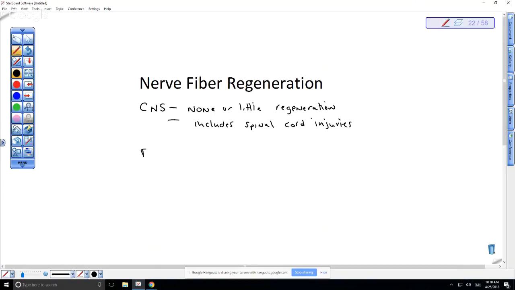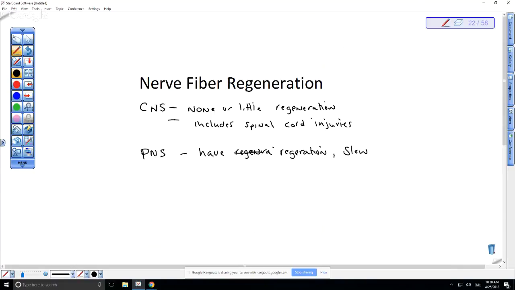So in the PNS, we have regeneration, but it is relatively slow. It can take several months to maybe even a year to regenerate. And it has to be that the fiber cannot be separated extensively.